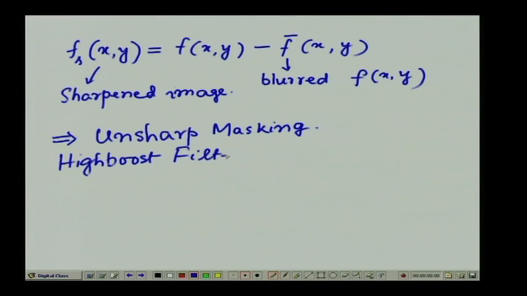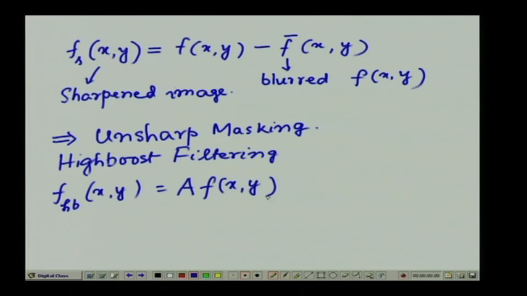We can write it in this form: f_hb(x,y) equals A times f(x,y) minus f bar(x,y), for A greater than or equal to 1. If I set the value of this constant A equal to 1, then this high boost filtering becomes the same as unsharp masking.